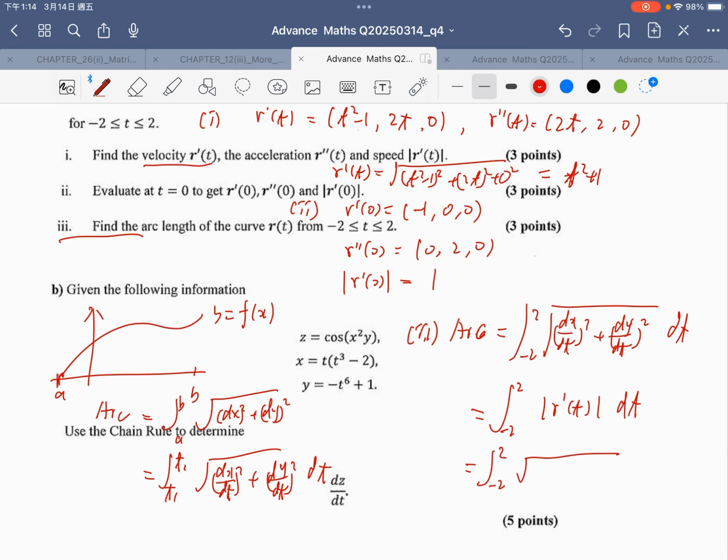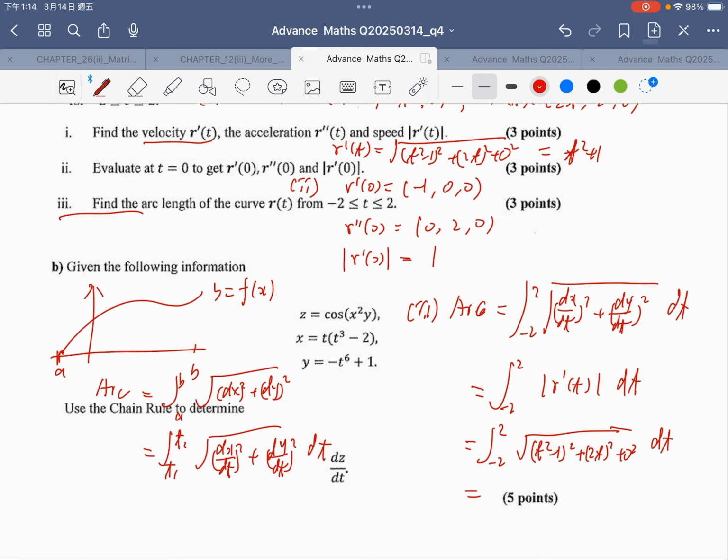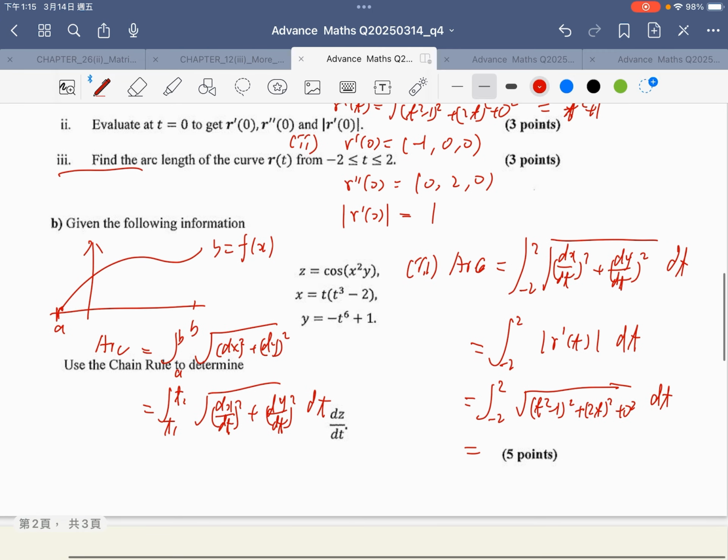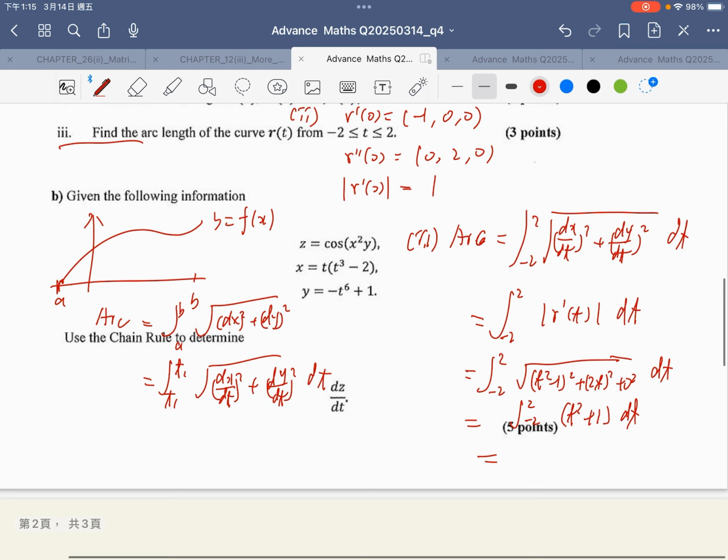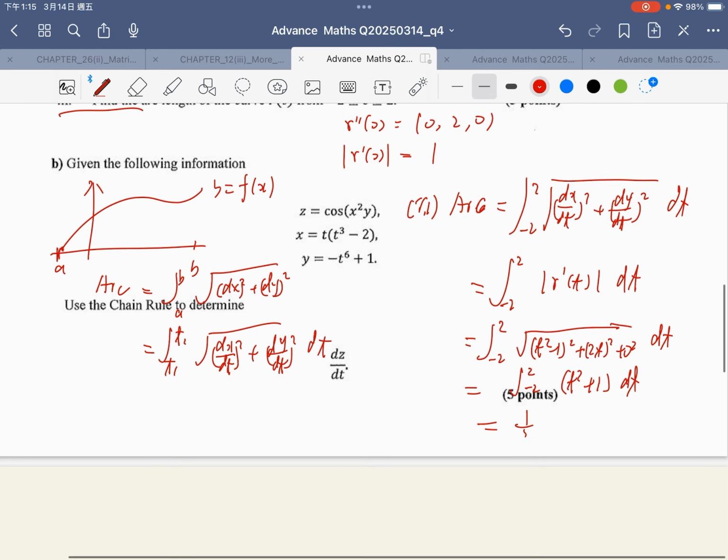Now I copy this one: (t squared minus 1) squared plus (2t) squared plus 0 squared, dt, from negative 2 to 2. Simplify this one. Finally, the answer should be 1 over 3 times t cubed plus t. Substituting the values from negative 2 to 2 into the function, we finally got the answer 28 over 3. This is the length of the curve.